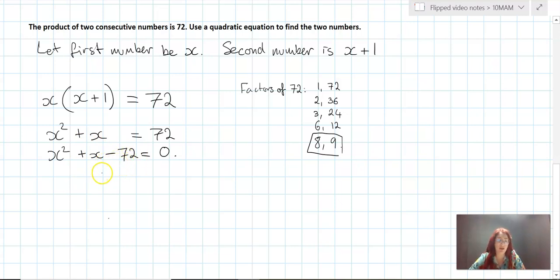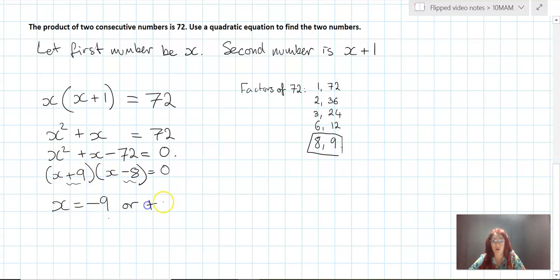So negative 8 and positive 9 will give us positive 1. So we're going to have x plus 9 times x minus 8. That's going to be 0. Now we know that trick where we reverse the signs of these. So x is going to equal negative 9 or positive 8.